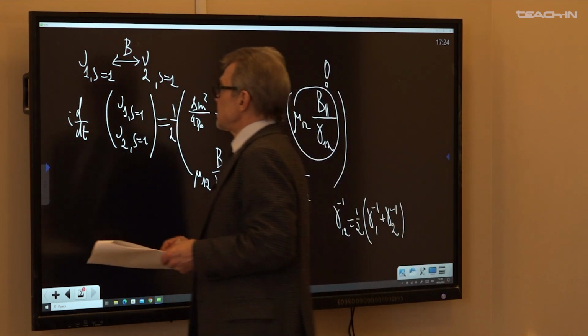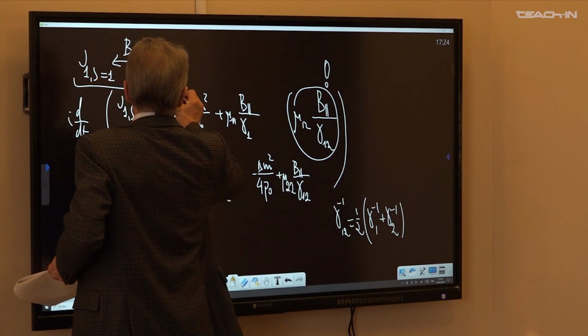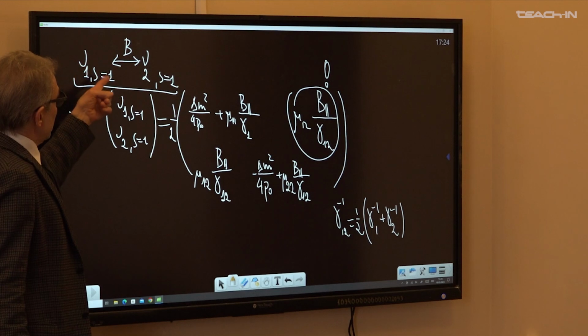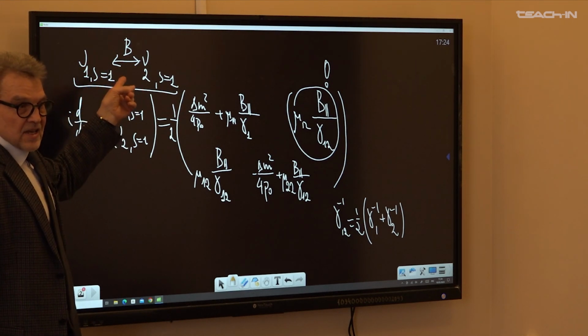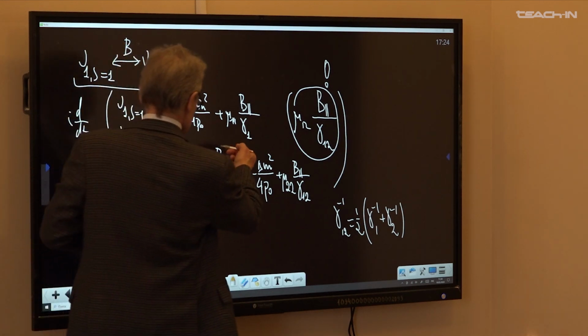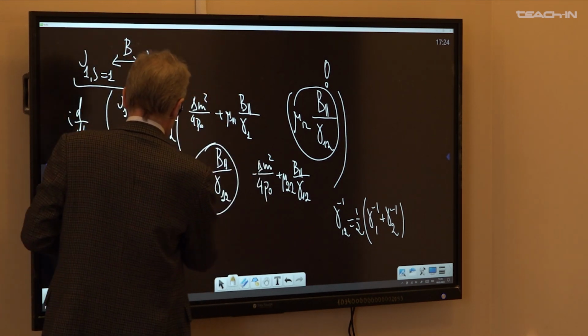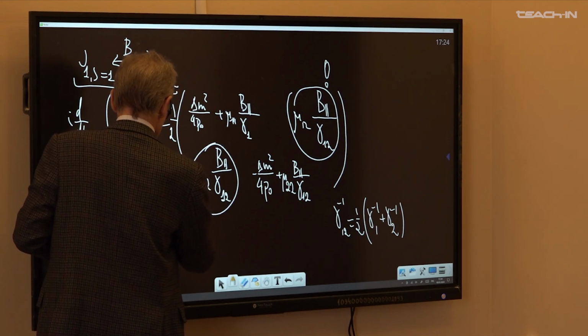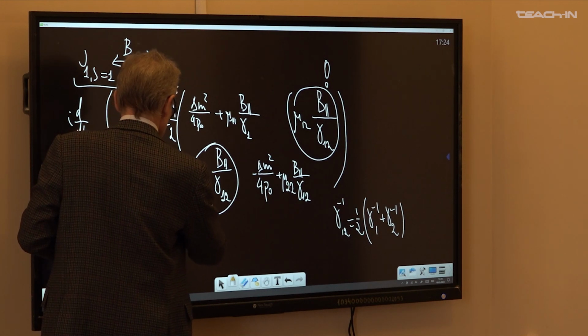So we see that in general, a mixing between two different mass states with the same spin orientation appears in case when the transition magnetic moment is not zero, and also due to longitudinal magnetic field.